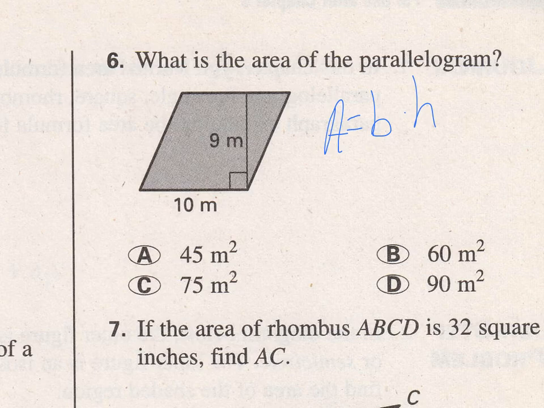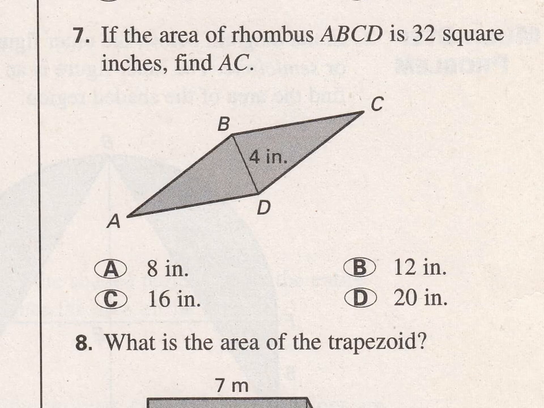All right, gang, number 7, if the area of the rhombus ABCD is 32 inches squared, so that's 32 square inches, they want you to find AC. Okay, so that would be from here all the way across to there.